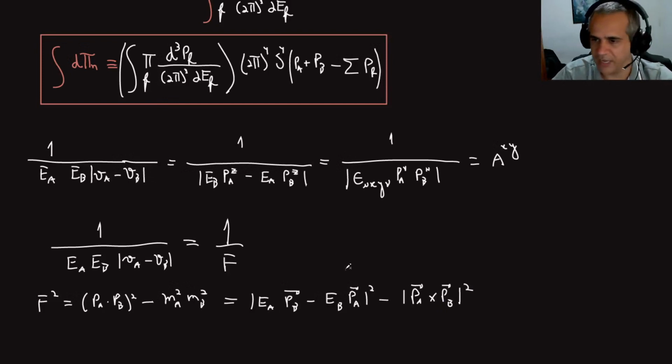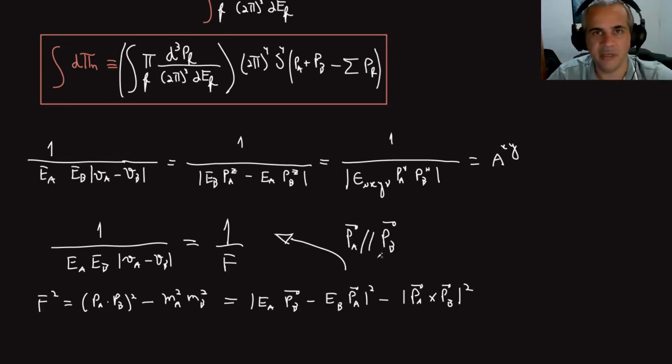Which goes back to that expression when P_A is parallel to P_B, which is what we assume, right? We went to the reference frame where these two momenta were parallel to each other, right?